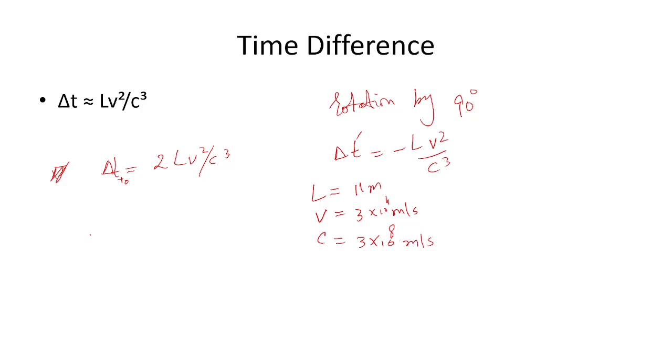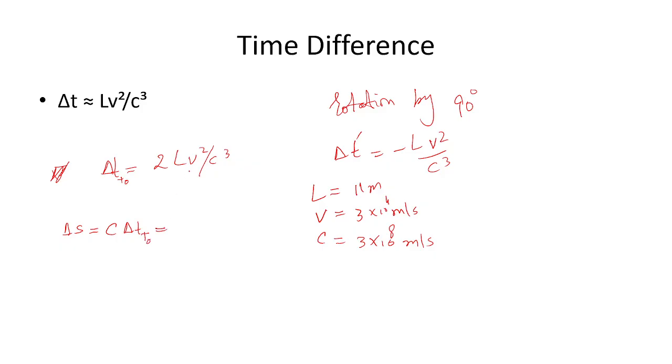Okay, now this is the time difference, but we are interested in the difference of fringes. How many fringes difference occurs? So we need delta S. Delta S is the distance difference. That should be c times delta T total.